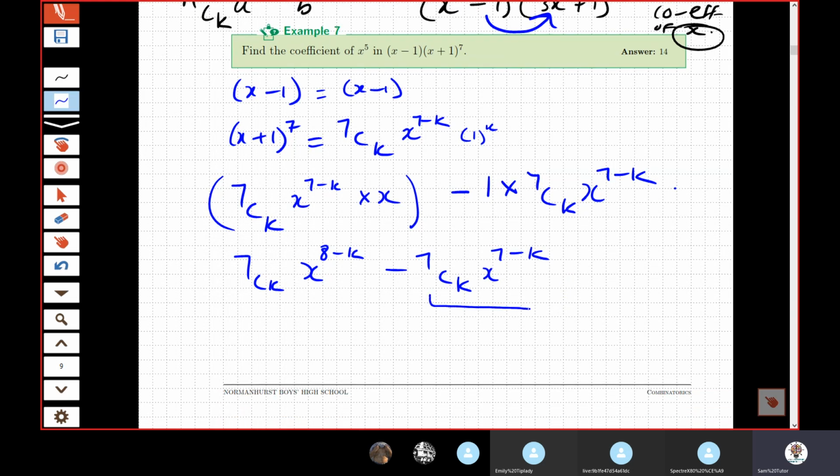So for this component, what does k need to equal for you to get the coefficient of x^5? For this component, what does k need to equal?